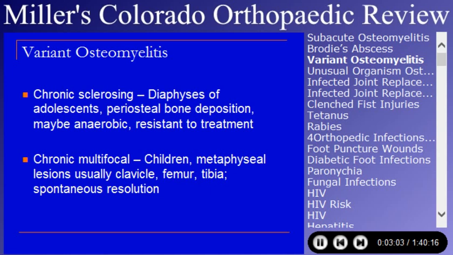It is painful and resistant to treatment. Chronic multifocal osteomyelitis occurs in younger children, tends to be metaphyseal, or it likes the clavicle. It tends to not be resistant to treatment and will spontaneously resolve. The issues with both of these, more than anything else, are recognition.